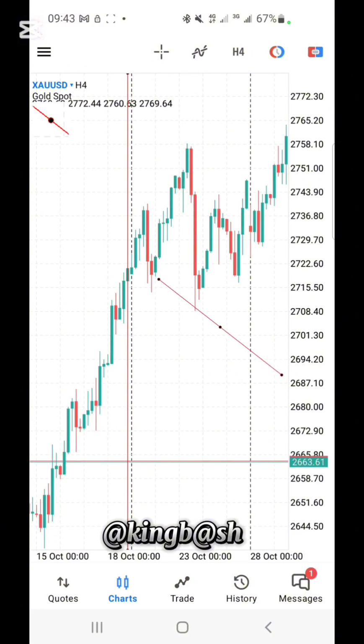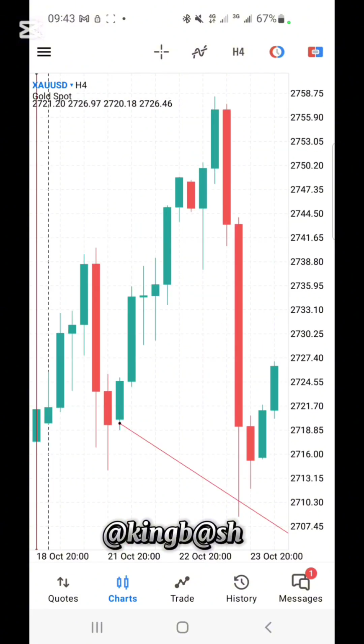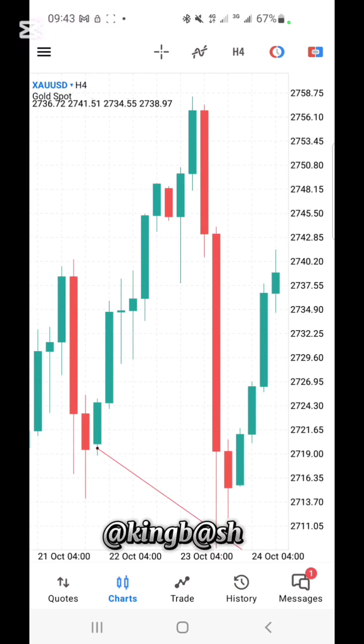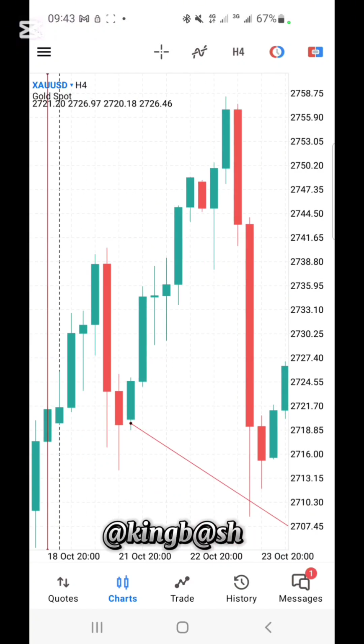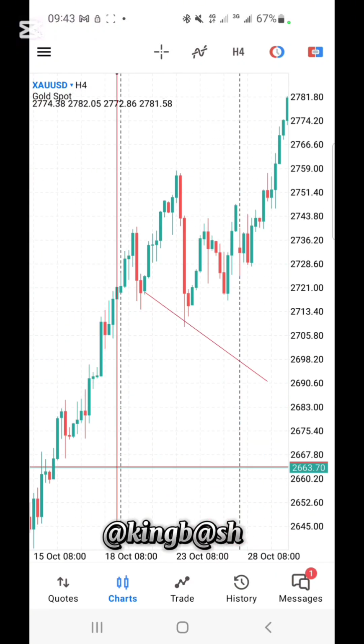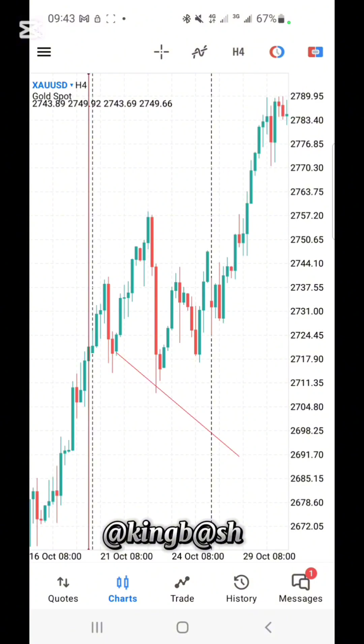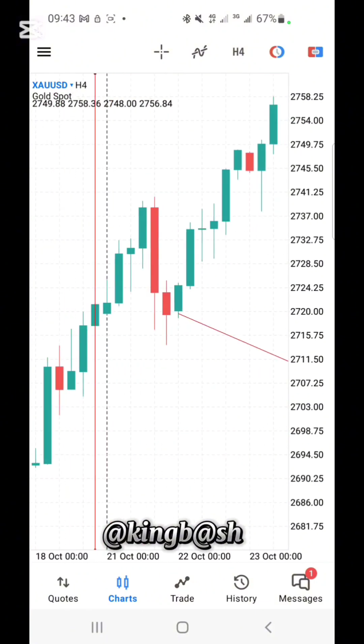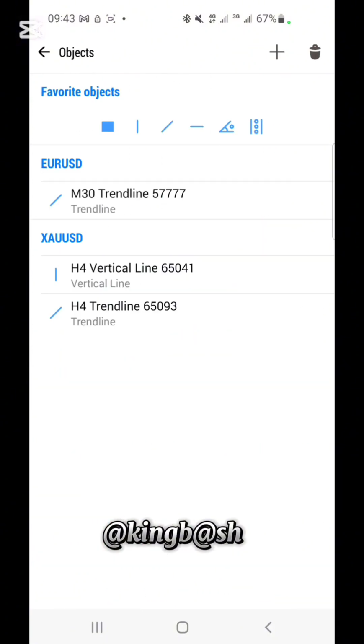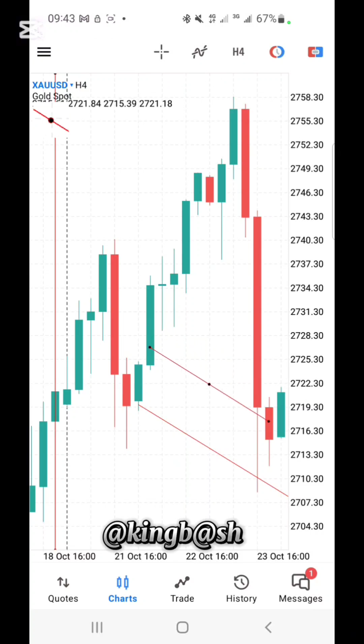If you check closely, you can see this green candle I pointed with a red arrow here. The bottom wick now is longer than the top wick.